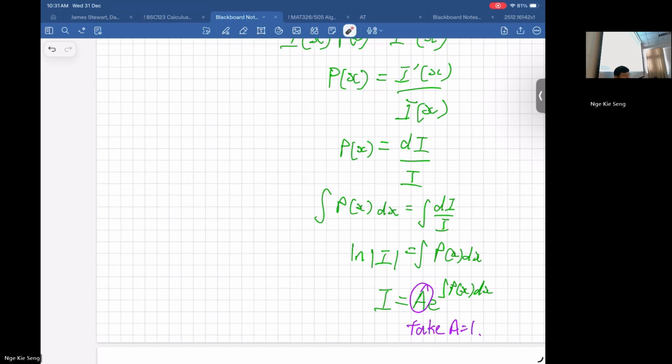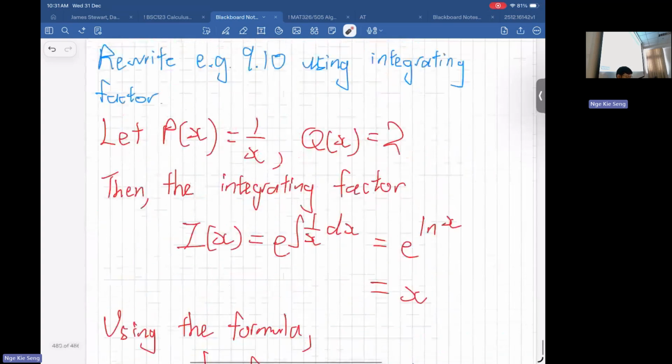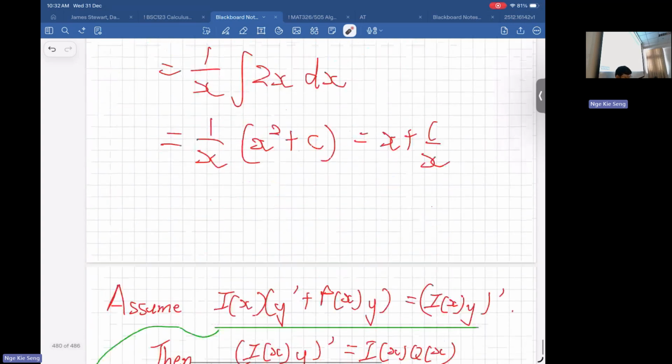Any question so far? Okay, if you are happy, then you can take this formula. You need to determine what's your P(x), determine what's your Q(x), find your I, find your y.